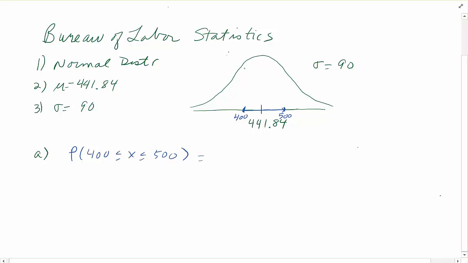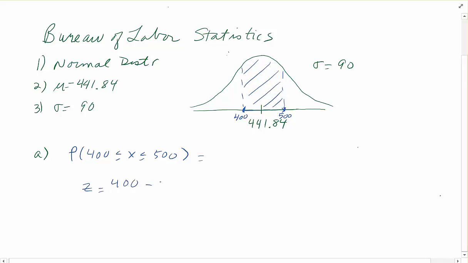Okay, so it's the area under the density function above the interval. It's what we want. And we'll need the standard normal table to do that. But to communicate to the standard normal table, we'll have to find the z-scores, because the standard normal table works with the z-value. So let me find the z-value for 400.